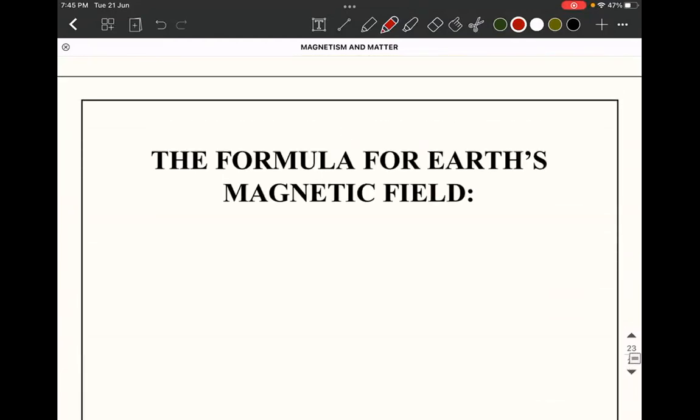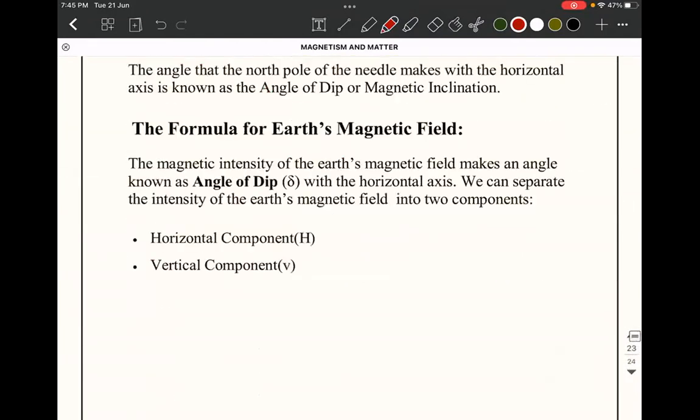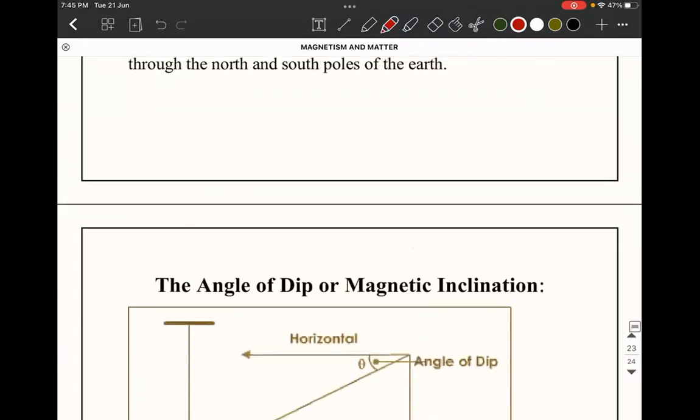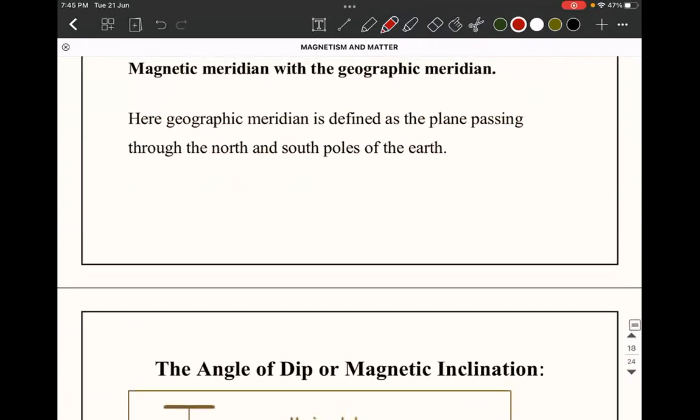Is that clear? Yes, sir. So this is all about the properties of magnetic substances.